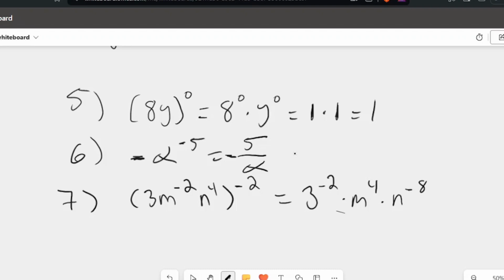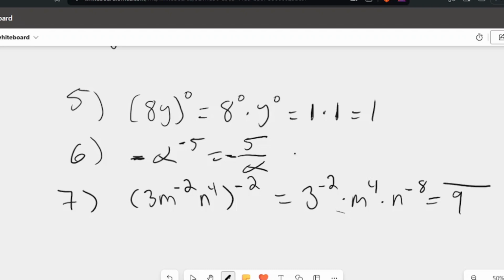Now, what we want to do is then do this. It would be 9 right down there, and since it's going to be living downstairs now, 3 and negative 2, that would be our denominator.